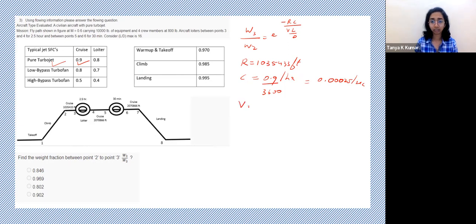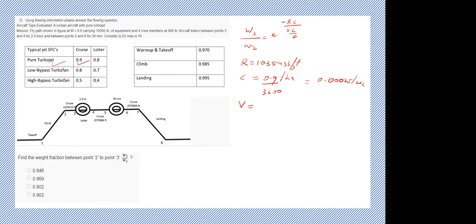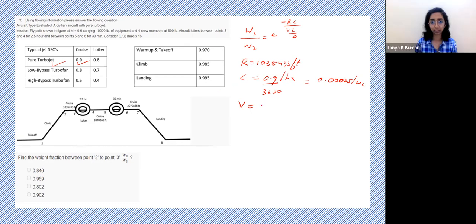Then what do we need? We need V. How would we calculate V? Look at the data that is given to you. Mach 0.6 is given to you. So how do you calculate velocity from that?